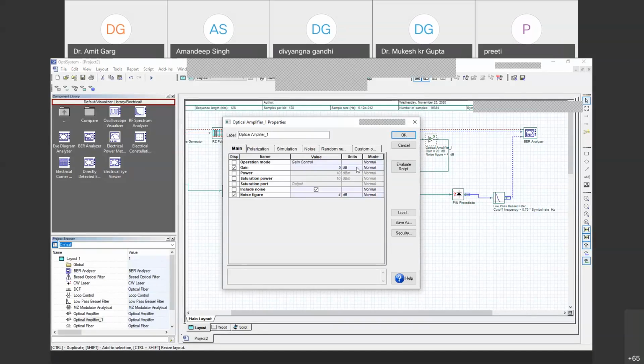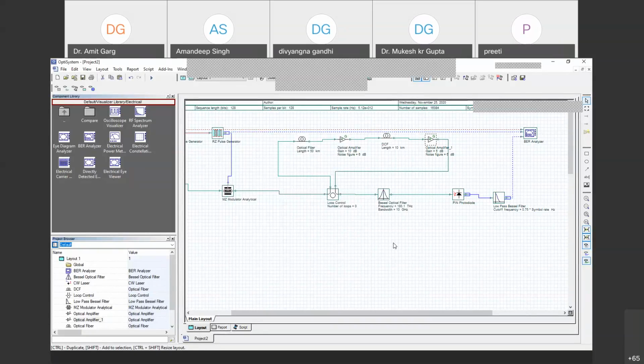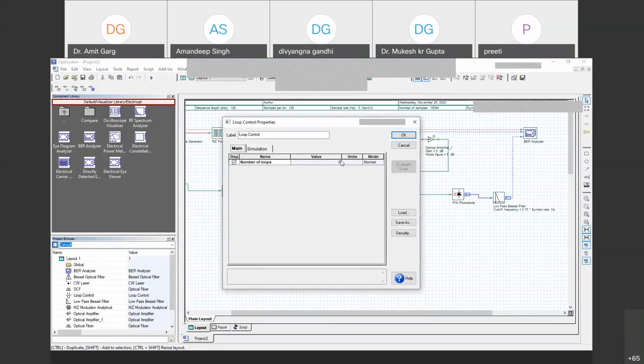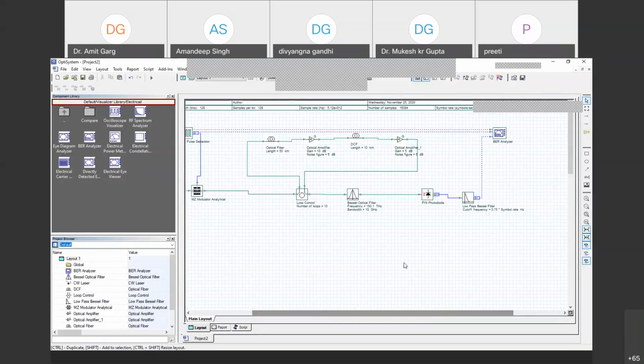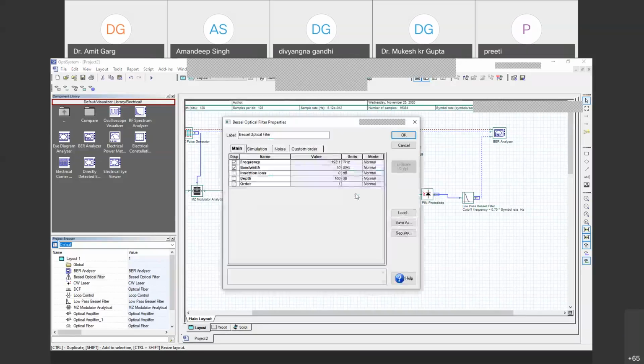We will set it to. So for the number of loops, with 10, and for this we shall be increasing the bandwidth.